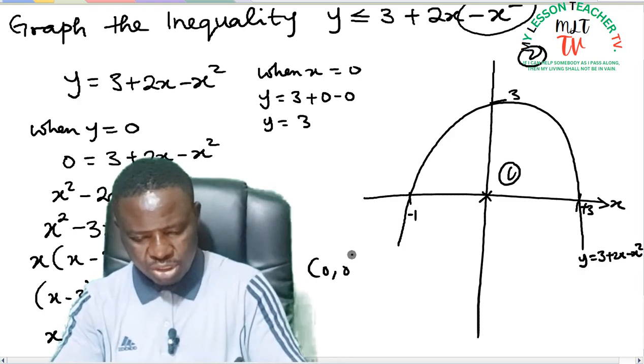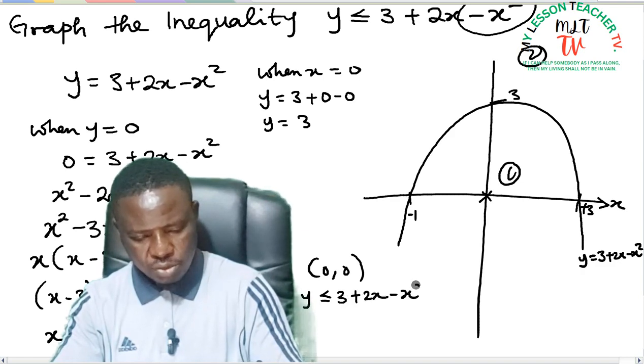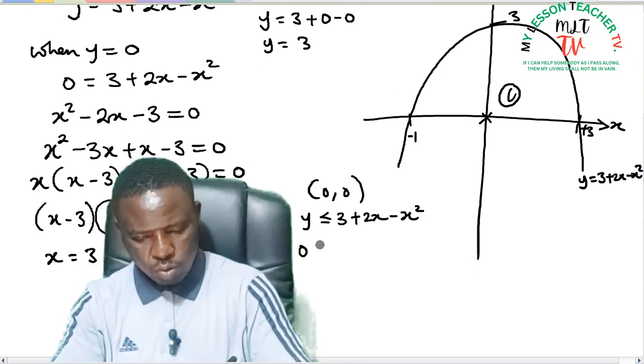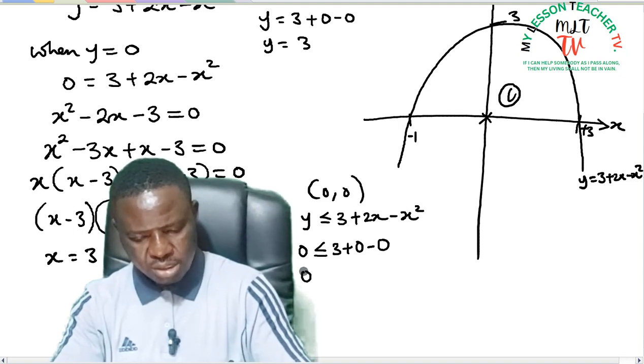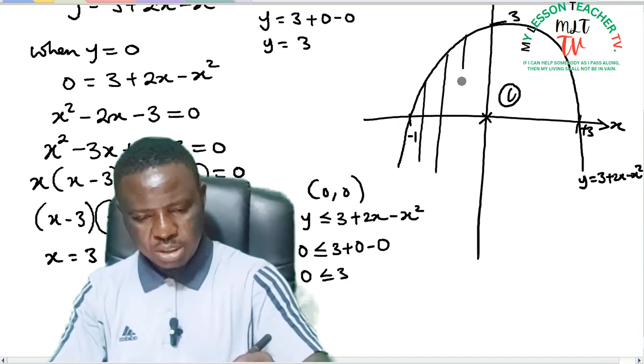So with point 0, 0, which is the origin, is y less than or equal to 3 plus 2x minus x squared? Let's see. Is 0 less than or equal to 3 plus, this now becomes 0 minus 0. Yes, 0 is less than 3. So this region satisfies the inequality.